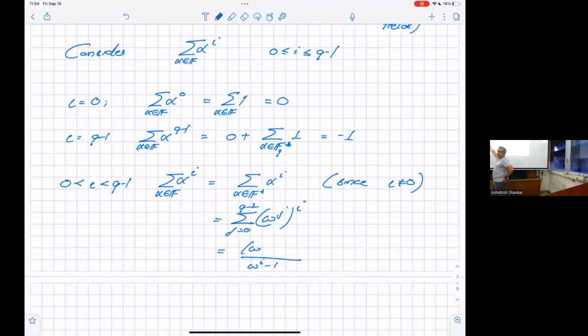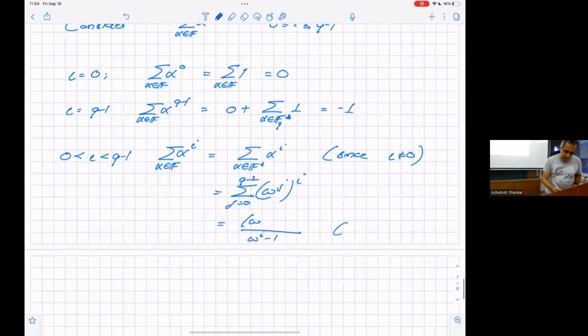We have taken off those two cases. The numerator is omega to the power i, to the power of the number of terms, which is q minus 1, minus 1. But what is this? Once again, swap the things: it's omega to the power q minus 1, which is 1. So 1 minus 1 is 0. So this thing eventually happens to be 0.